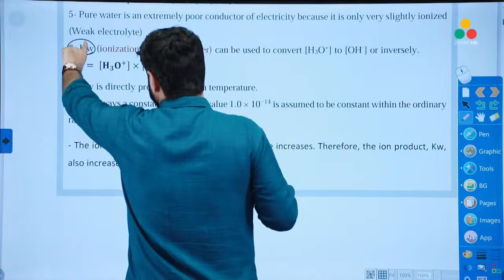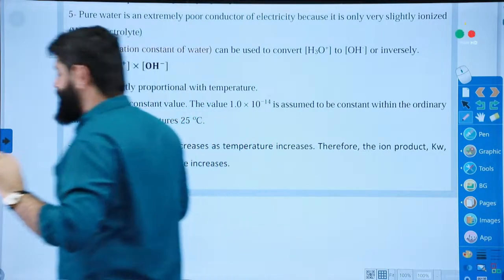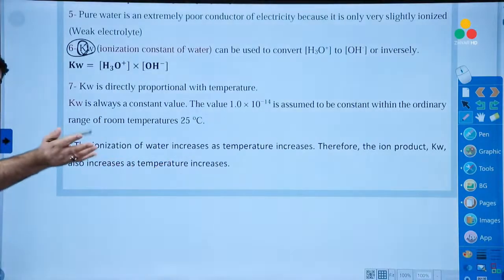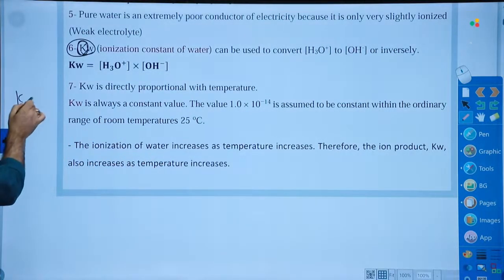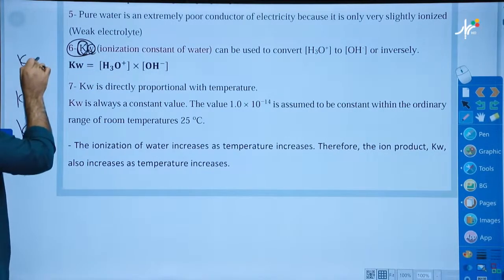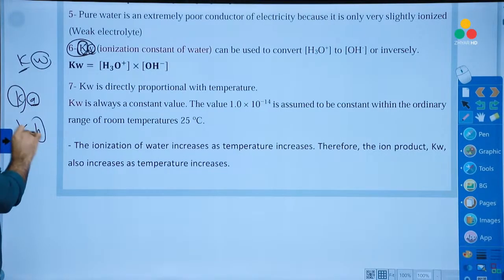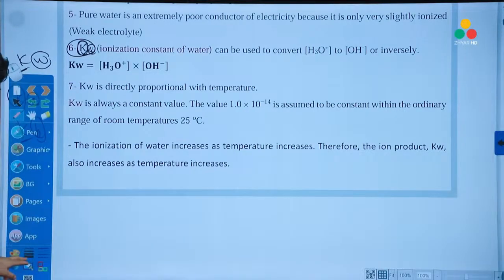First of all, K means ionization constant, because in chapter 6 we will have some more K values, for example Ka and Kb. Look, the water Kw is the water ionization constant, Ka is the acid ionization constant, and Kb is the base ionization constant. So be careful about these values of K.